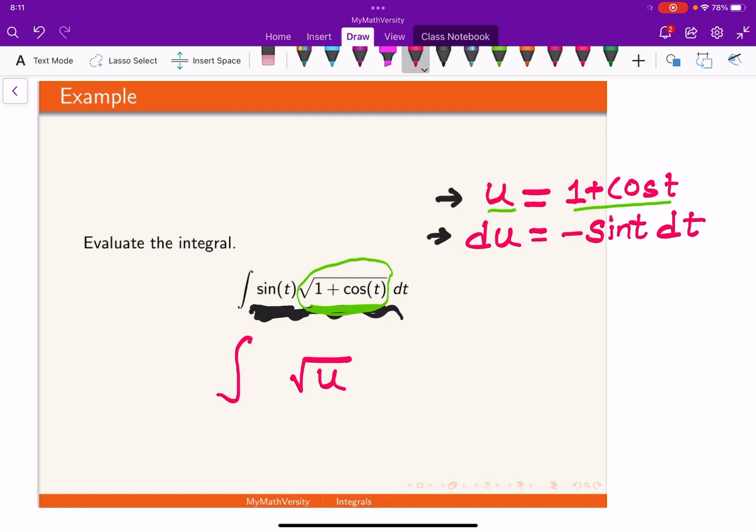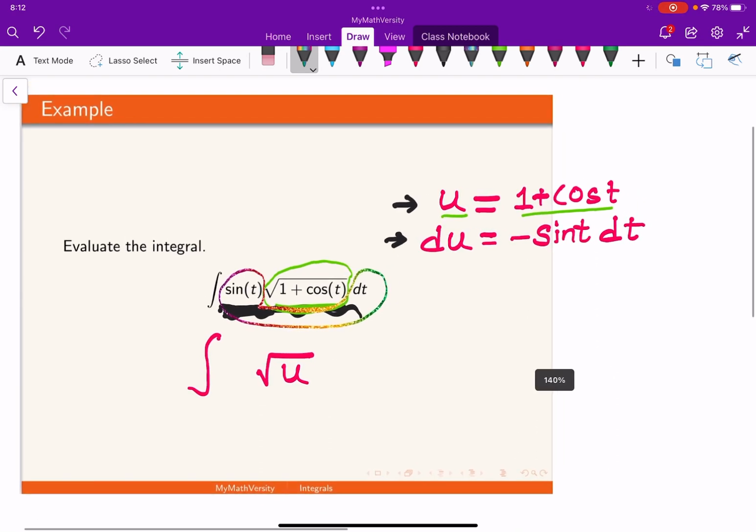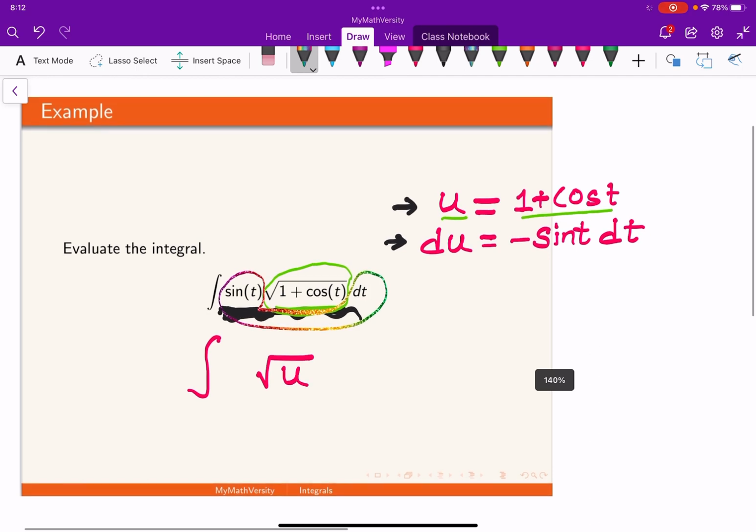Now whatever is left over is sine t multiplied by dt. So how do we change sine t dt into a function of u and differential du?